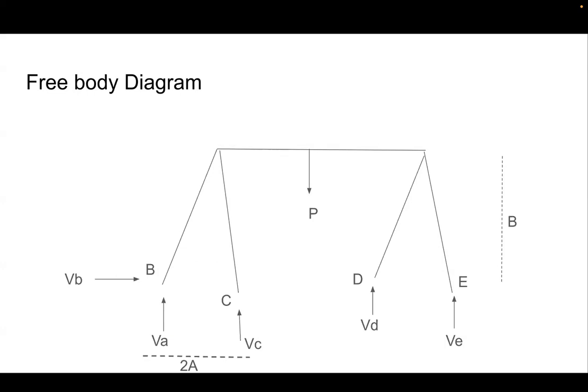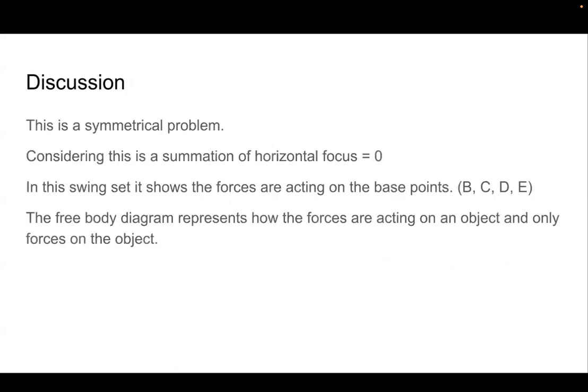And I believe we did not factor gravity into this problem. Likewise, we have B, C, D, E all showing the forces going in the positive Y direction, and obviously P going in the negative direction. That's all for the free body diagram.